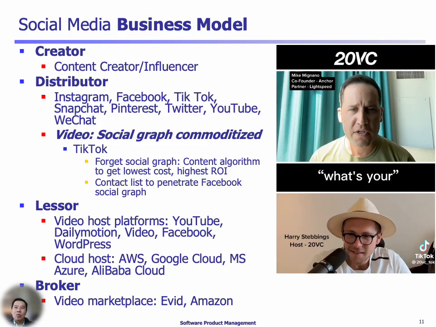Sometimes you don't even know who the creator or the distributor is. You just get it from the leaser. So these are OEMs that come from there. And lastly, there is somebody who brokers all these things that allows you to see everything in between.